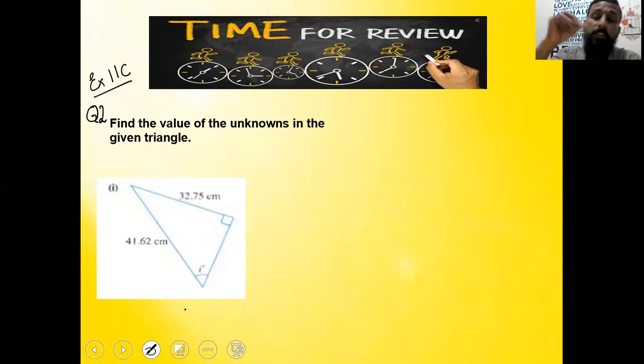Remember, boys and girls, we started this topic in the previous class, how to find an unknown angle. We find the unknown angle in a right angle triangle by applying the inverse of the trigonometrical functions. How do we apply the inverse function?